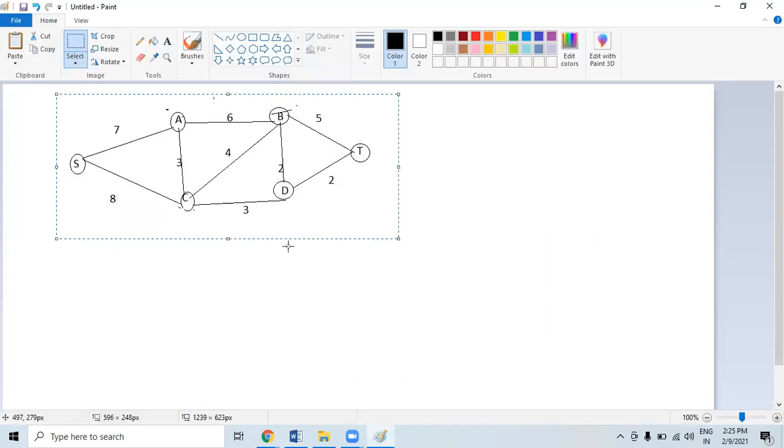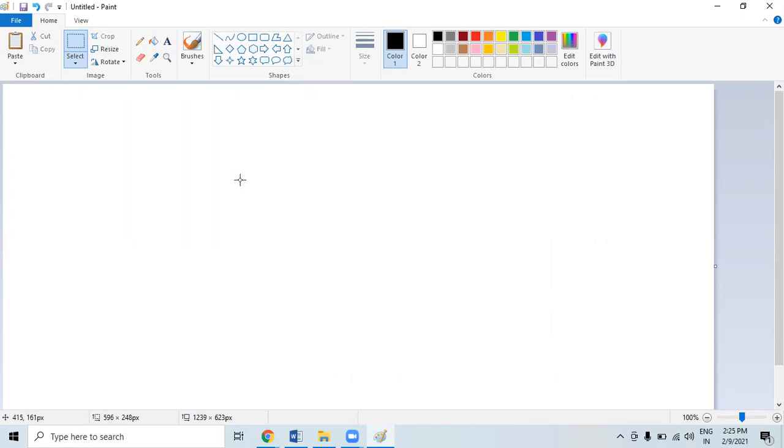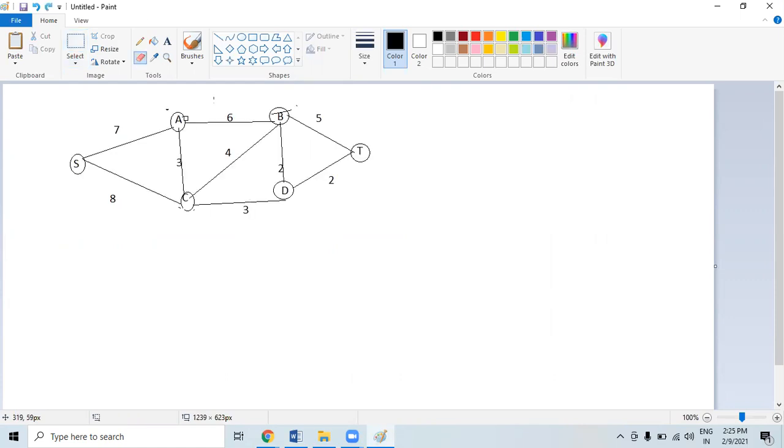Okay, let's see. What we don't want, we rough it here. Then we see our diagram based on this table. Our diagram looks like this.